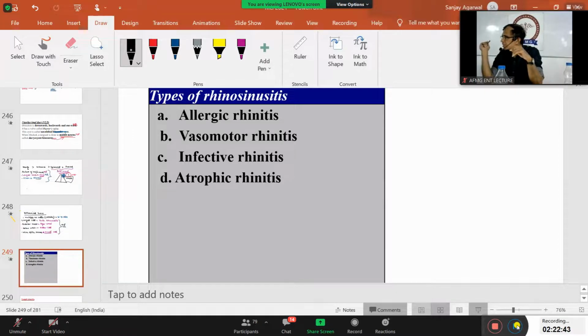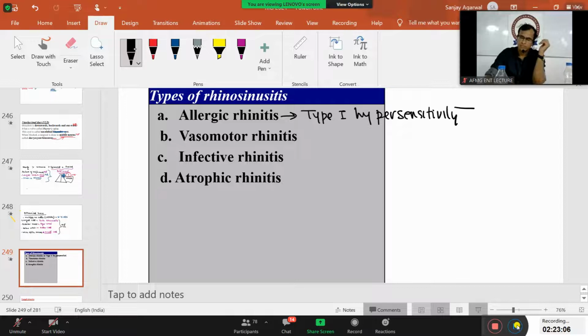The last one is the most important. And infective rhinitis; the first one is not important, you only need to know that the name exists. There is allergic rhinitis, there is vasomotor rhinitis. This is allergy, and all allergies are type 1 hypersensitivity.